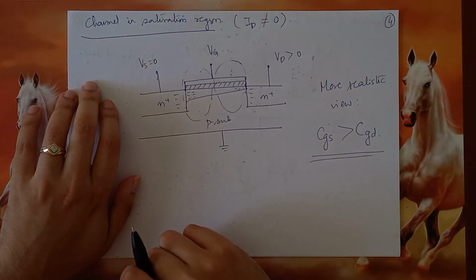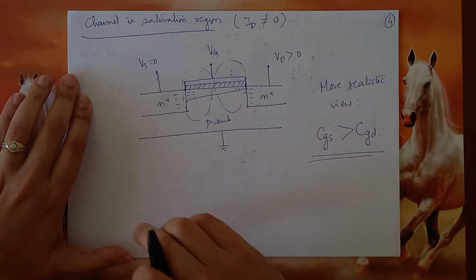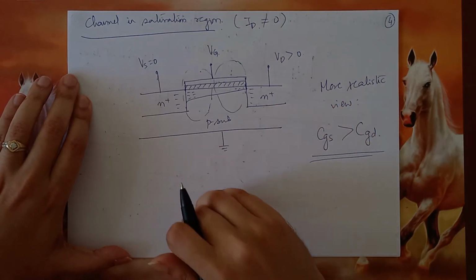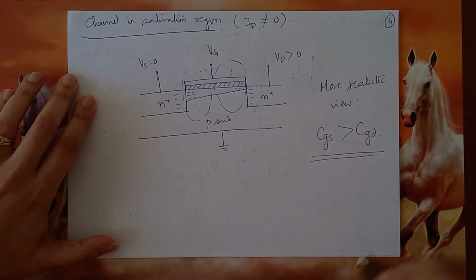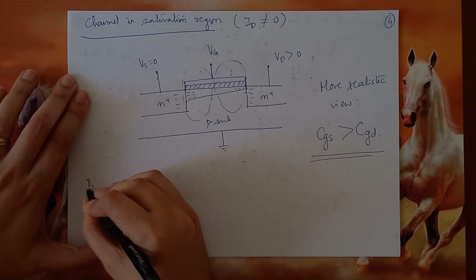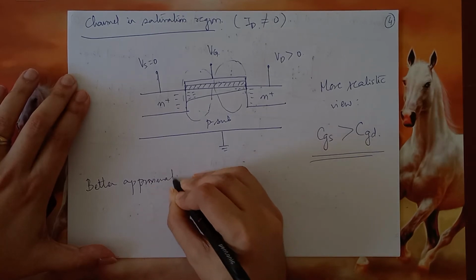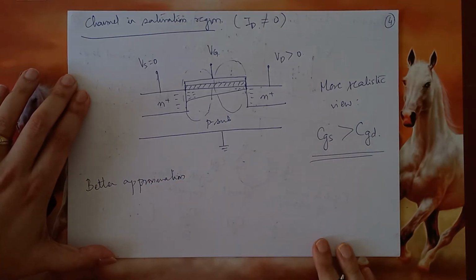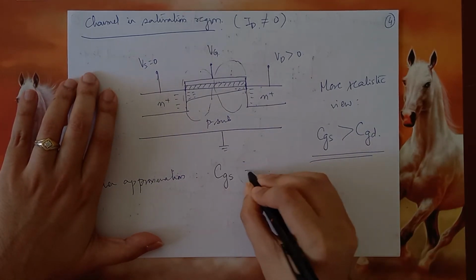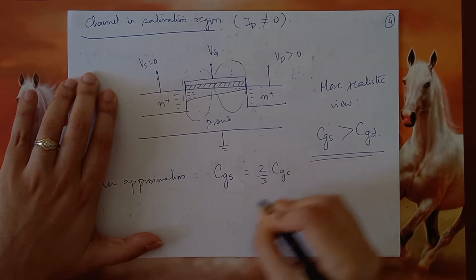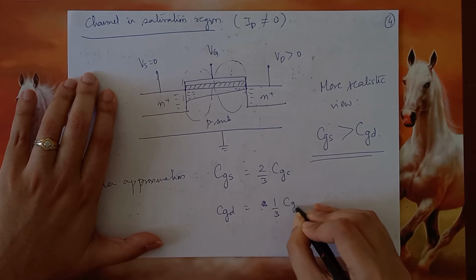What is now CGS and CGD? So in the ideal inversion, we had said that each CGS and CGD are equal and equal to 1/2 of the CGC. So now a better approximation will be CGS is 2/3 of CGC and CGD is 1/3 of CGC.